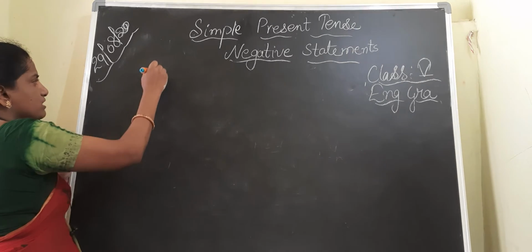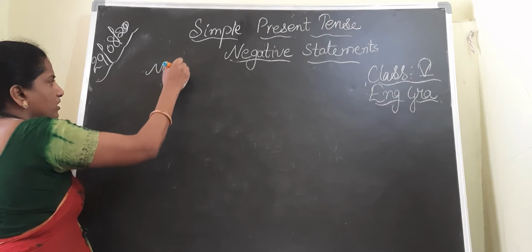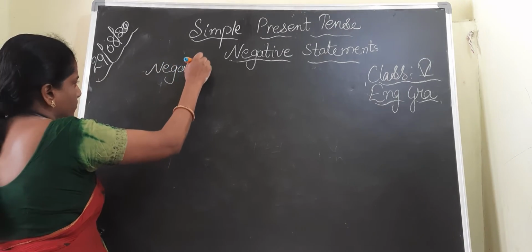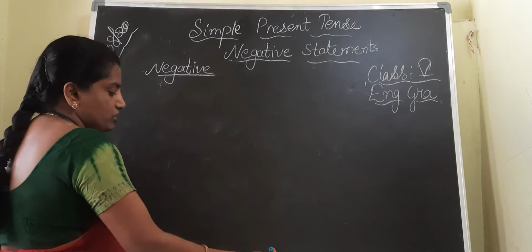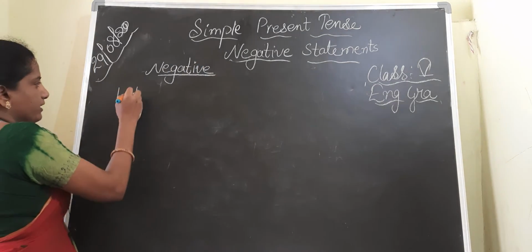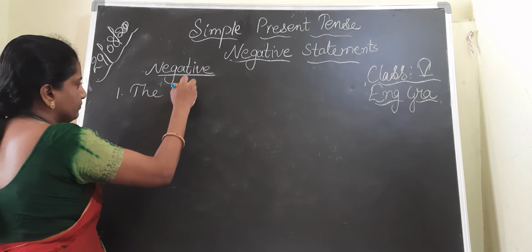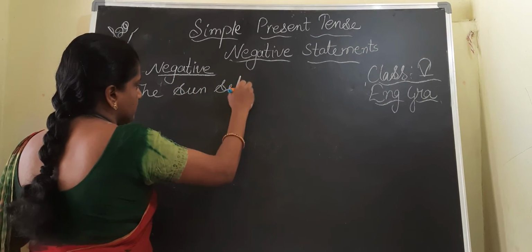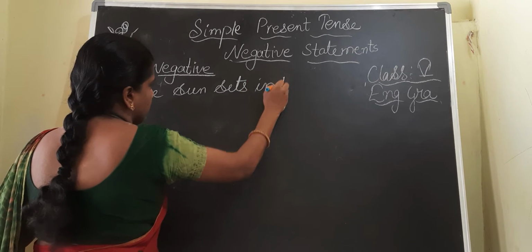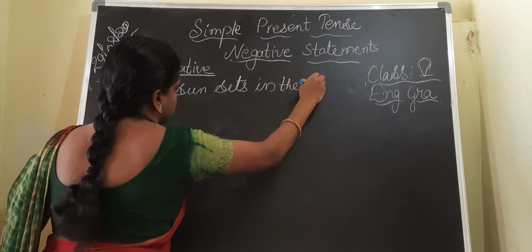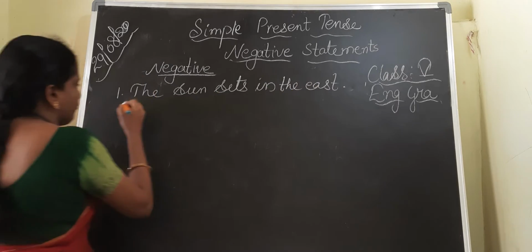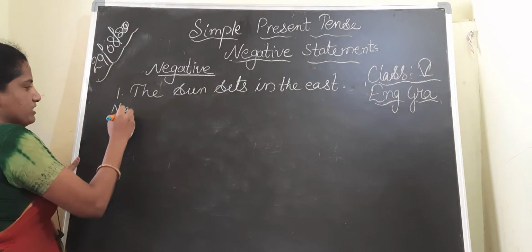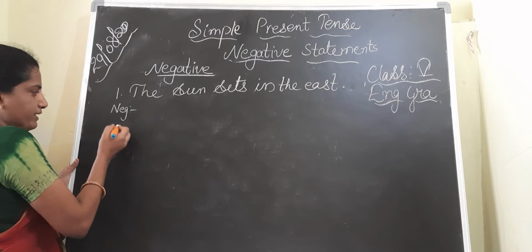Now they have given us a few statements, children, to write the negative form. I'll write those statements on the board. See clearly. The sun sets in the east. They told you to give the negative form. So I am keeping NEG short and leaving the place.